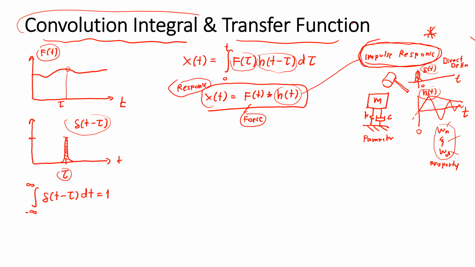But in this case, the input is just an impulse, just a Dirac delta function when time equals 0. But I already mentioned that for a general force response, we may need to use a unit impulse when time equals 0.